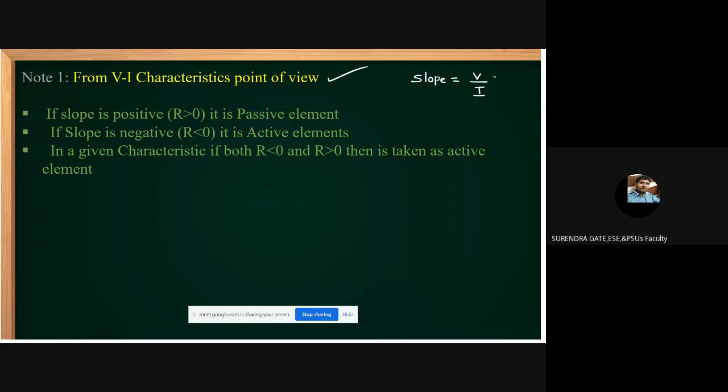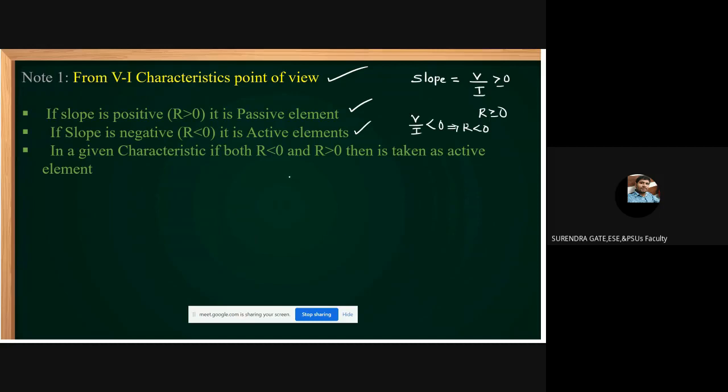If the slope is greater than or equal to 0, that is, R is greater than or equal to 0, then it is treated as a passive element. If the slope is negative, that is, V by I is less than 0, so R is less than 0, then it is treated as an active element.